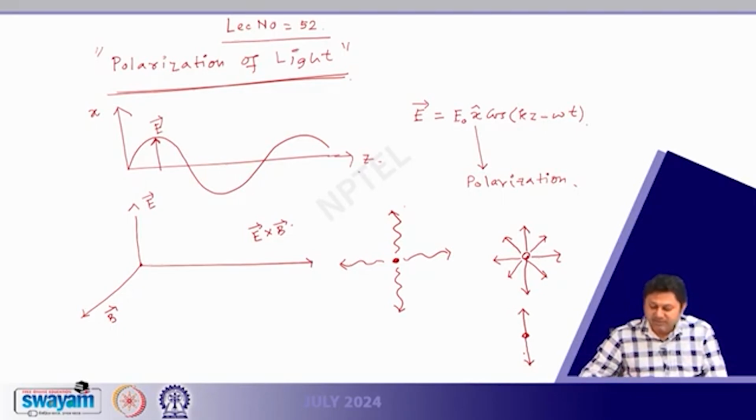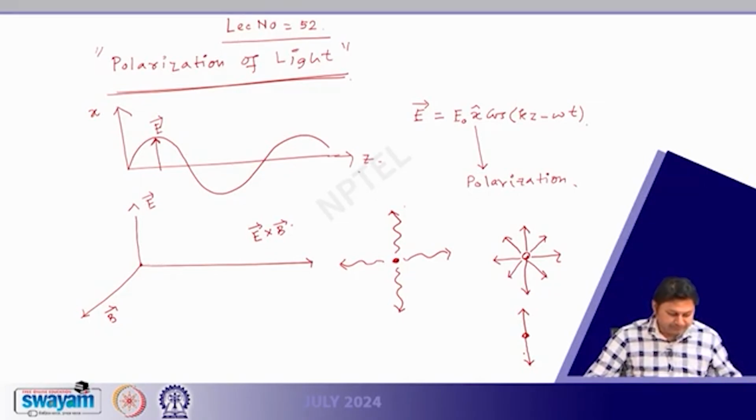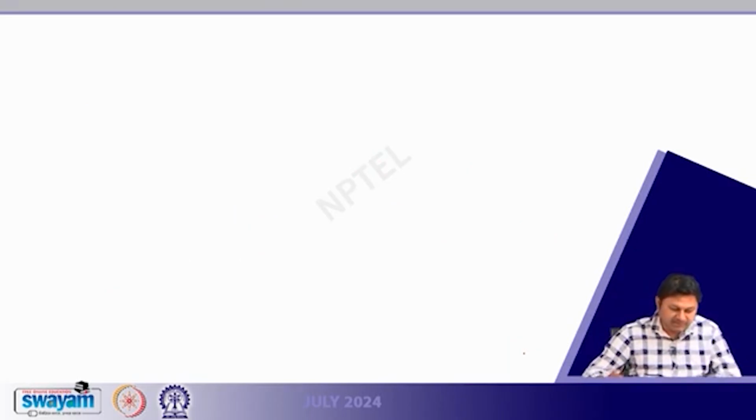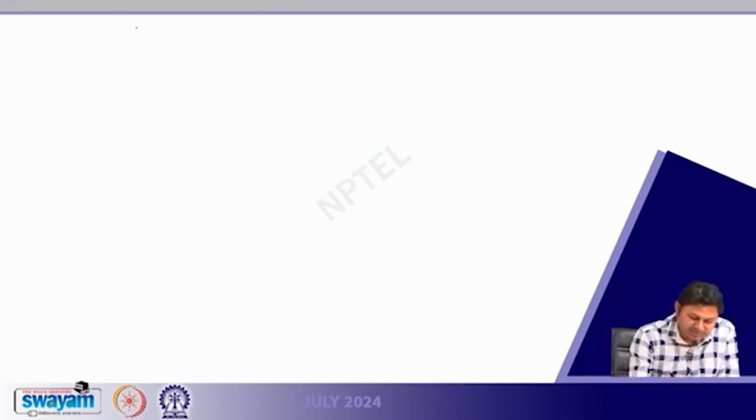That is the way the electric field is moving. However, there are other categories also, they are polarized, but this electric field will no longer be like this, they will rotate in either direction, and that we are going to discuss in today's class. So, first let us start with the simple thing, and that is the linearly polarized case.